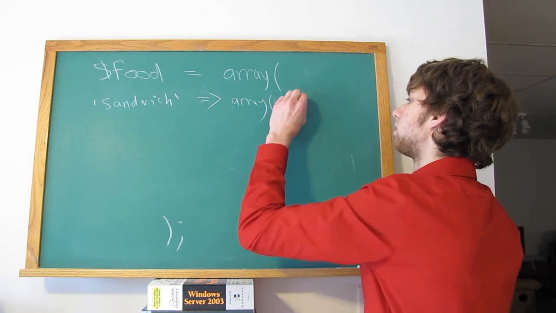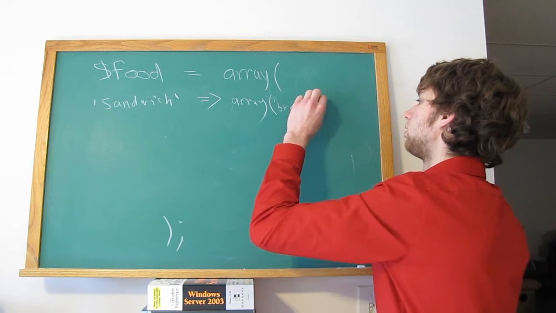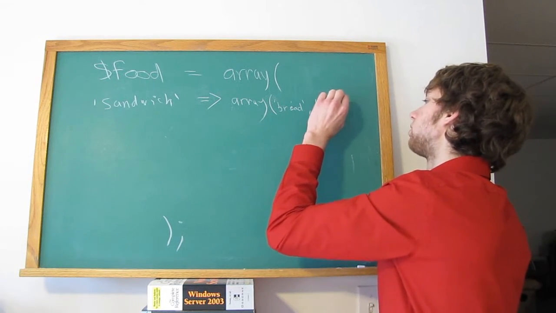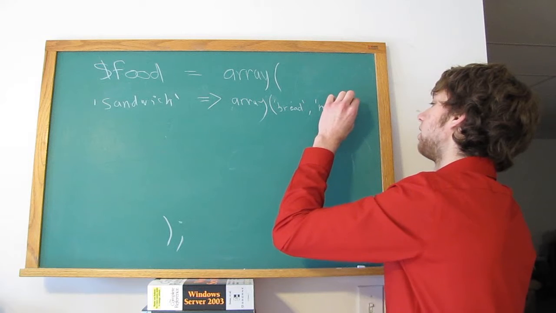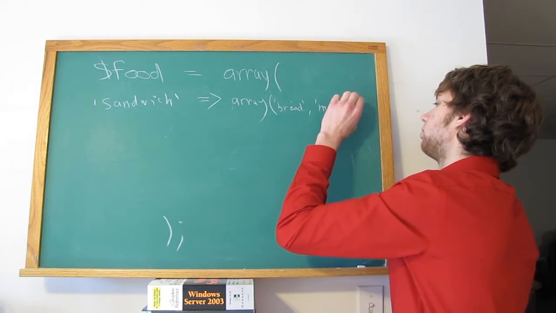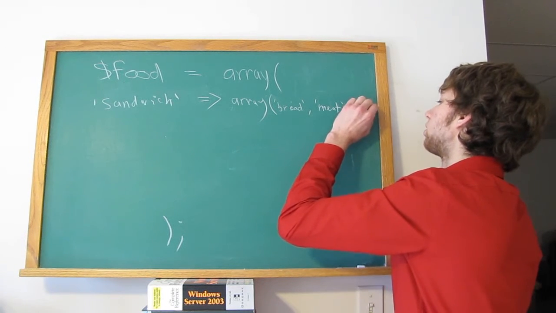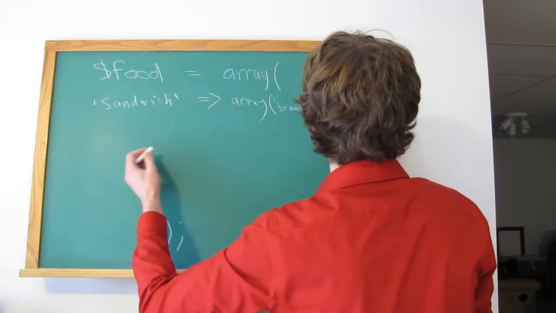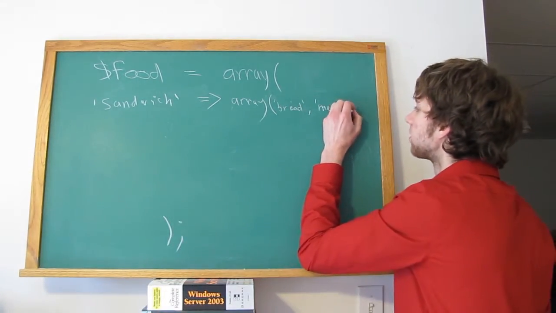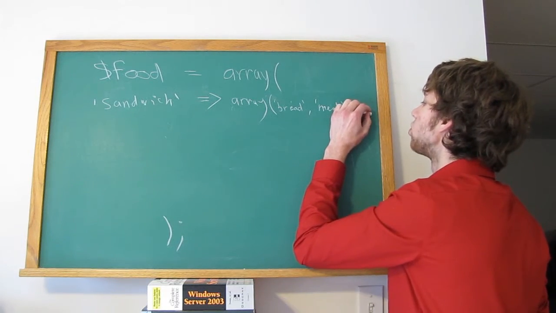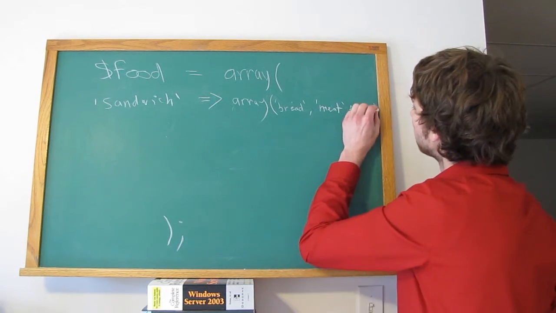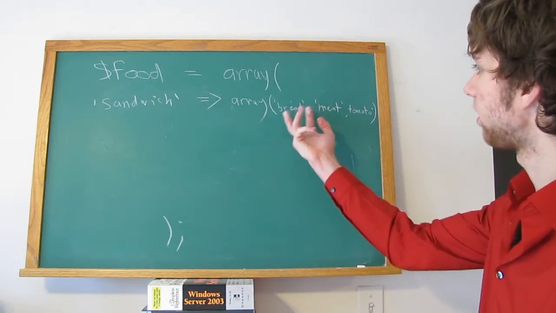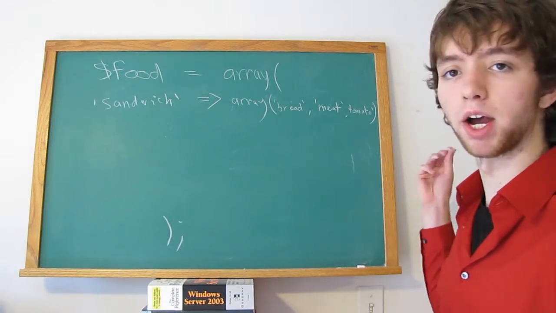And within this array we have three values: bread, comma, meat, comma, and tomato. I'm running out of room. I'm gonna fit it. I got this. Tomato. Alright, so each of these values has quotes and they're separated by commas.